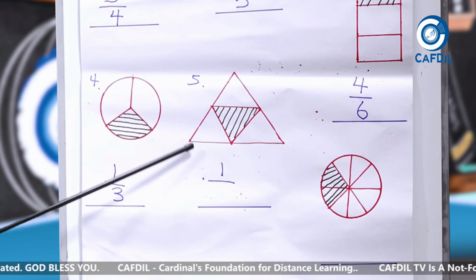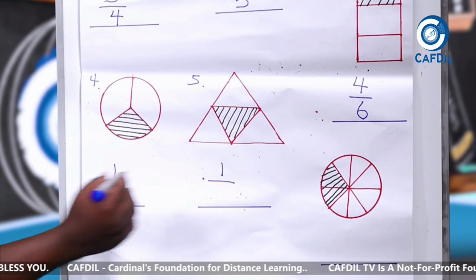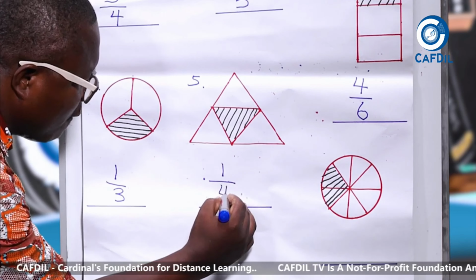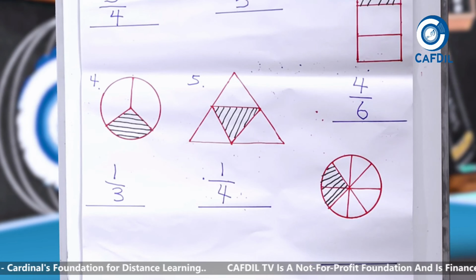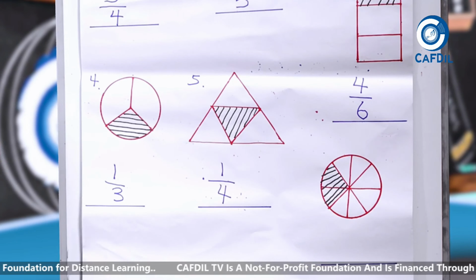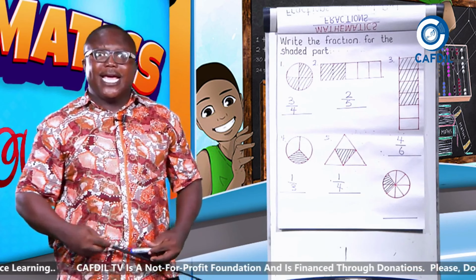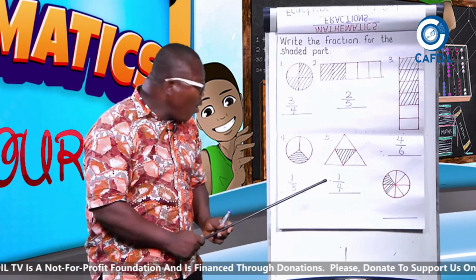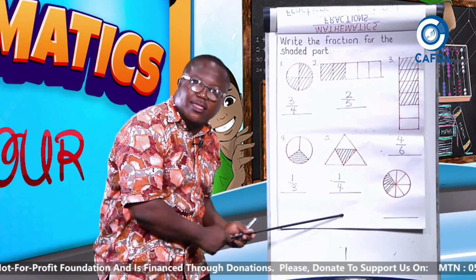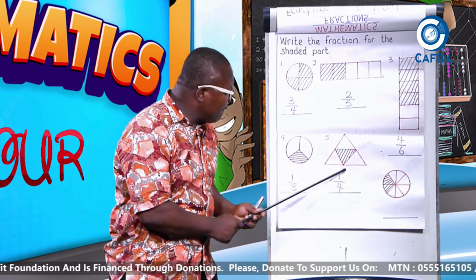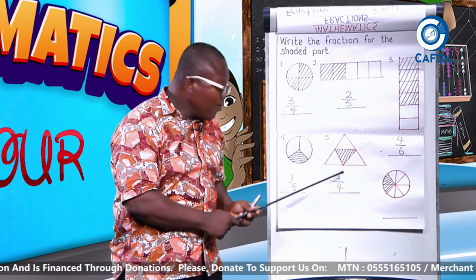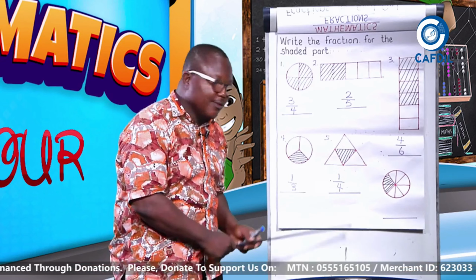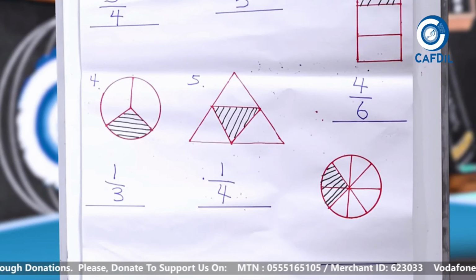So here it's going to be 1 out of what? 4. 1 out of 4. And I am saying that it will be more appropriate for us to say 1/4. Then let's look at the 6th one.